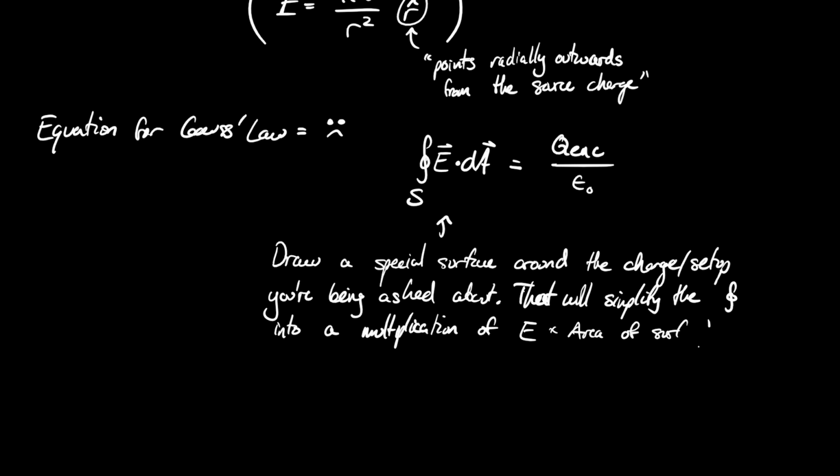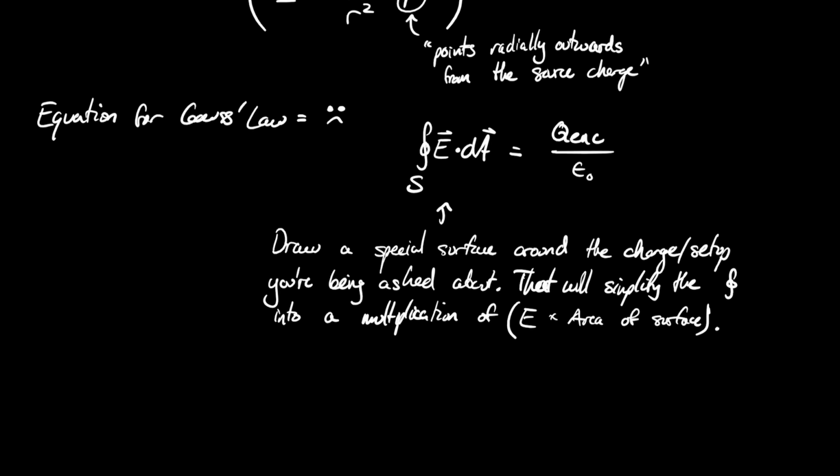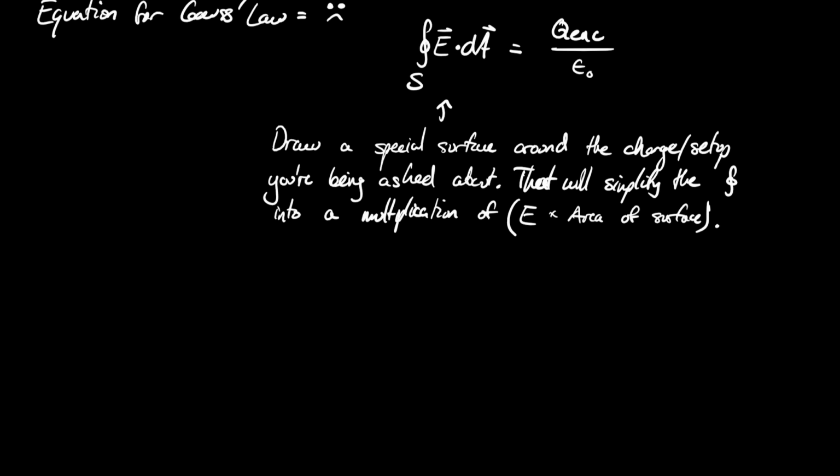Okay, and that is a huge simplification. It gets rid of this awful circulation integral, and it replaces it with just a multiplication.